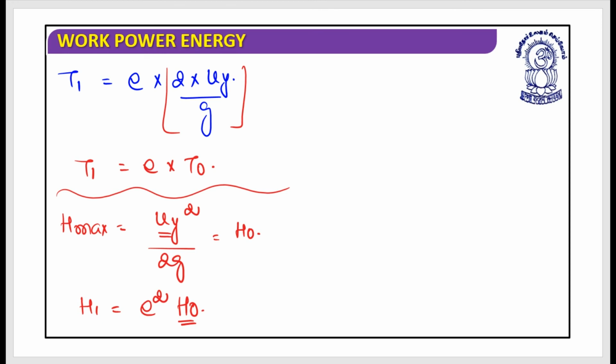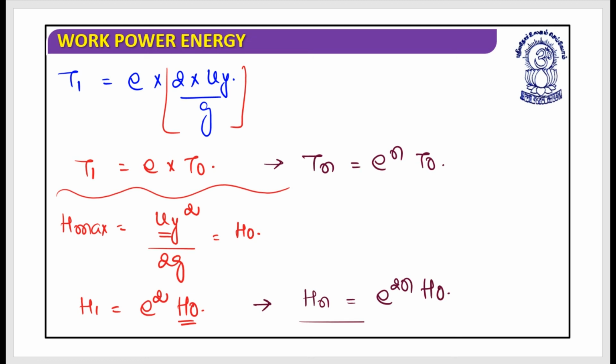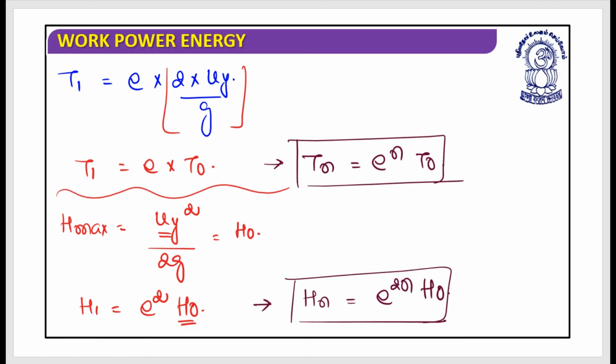So for a generalized term, I can write it like this: tn is equal to e to the power n into t naught, and hn is e to the power 2n into h naught. Is there any confusion over it? Are you sure?